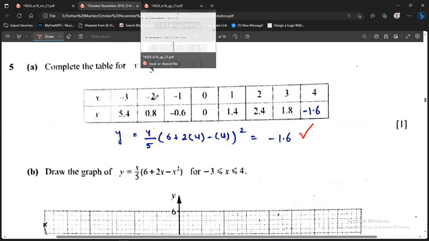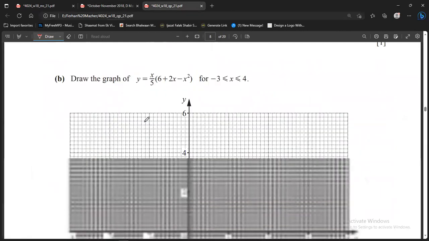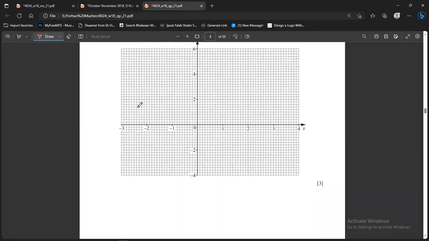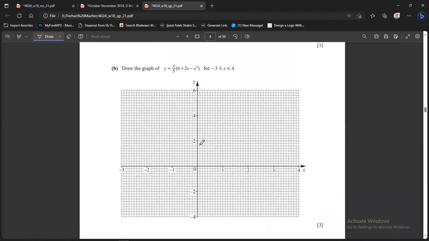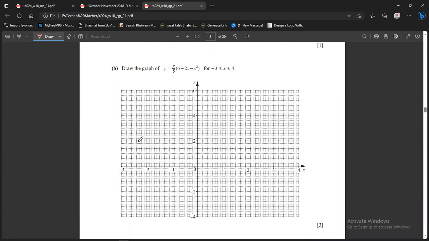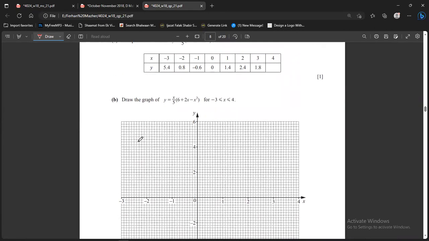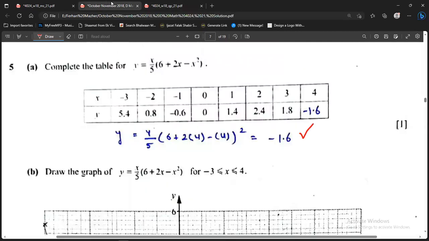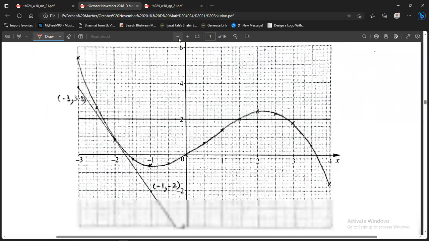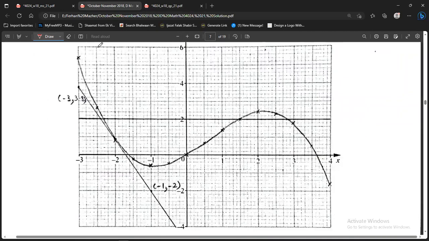So now we have to plot this on the graph given below. The grid is already drawn there. 0, 1, 2, 3, 4, minus 1, minus 2, minus 3. Okay. So what we will do, we will plot these points. At minus 3, you have to put the dot at 5.4.